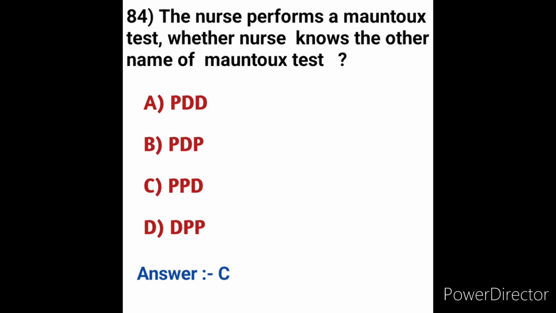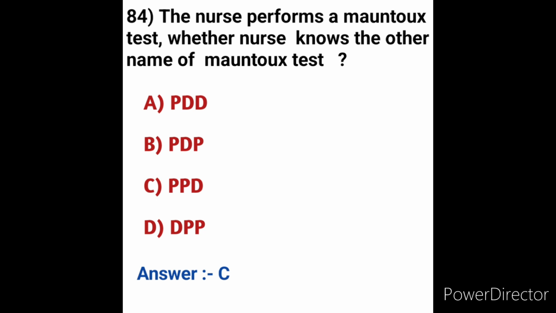Here option C, PPD, means purified protein derivative. So from the options, option C is the correct answer. The other name of the Mantoux test is PPD, which stands for purified protein derivative. It is used to check for tuberculosis exposure.